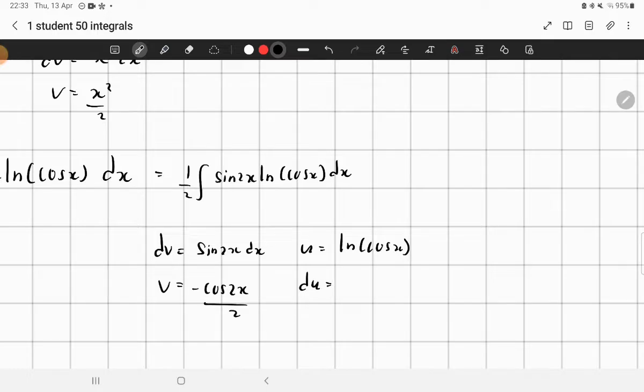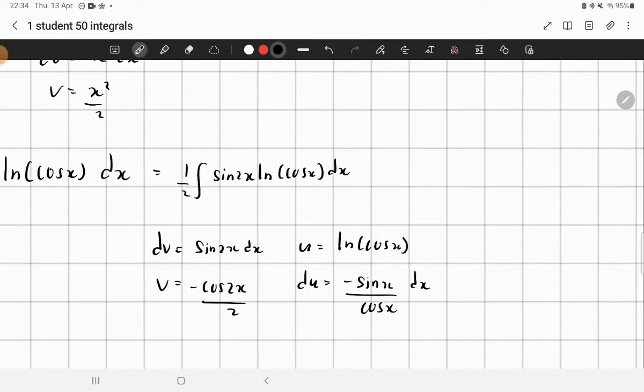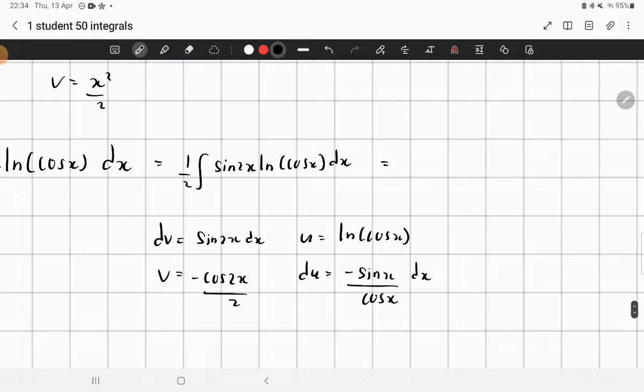The first derivative will be negative sine of x over cosine of x. Oh, so okay, looks promising. Anyway, solving it, you will have negative cosine of 2x over 2 ln cosine of x, and then minus the integral of sine of x over 2 dx.